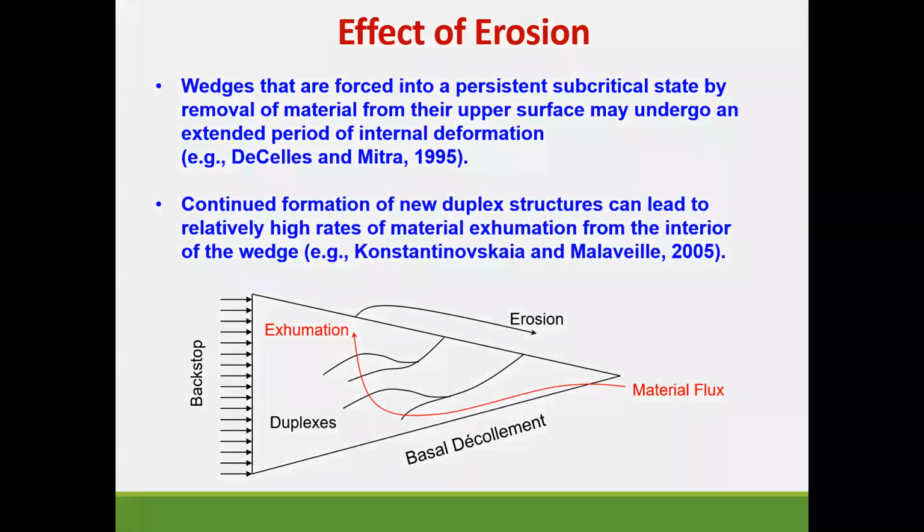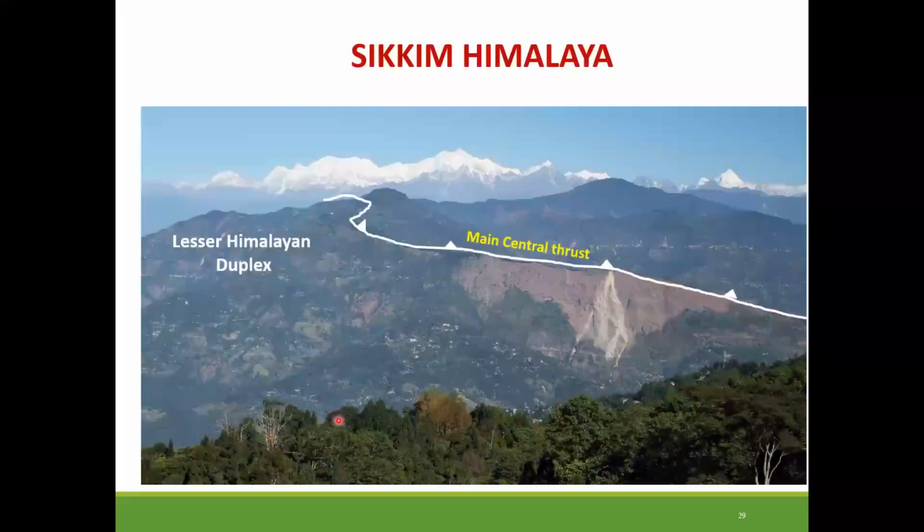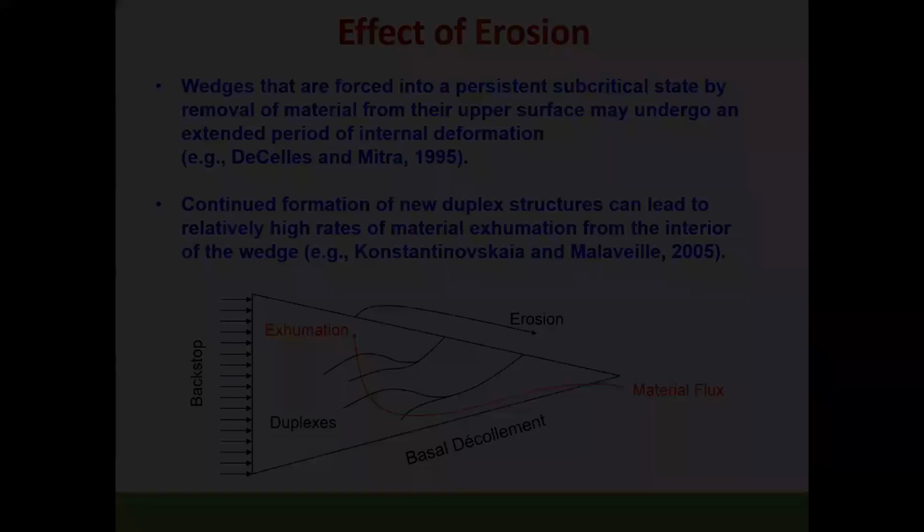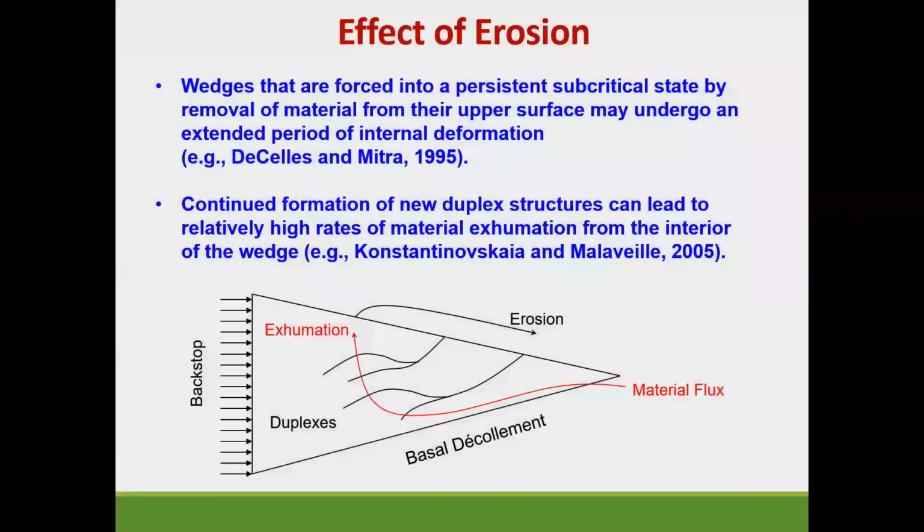In the Darjeeling Himalaya, Sikkim Himalaya, or the Namchi area is where the Himalayan duplex is formed. This causes uplift of the material sitting here, and so the mass balance is done. Once that is done, the effect of erosion is compensated, and the wedge again becomes critical, and then again you can get a different form.